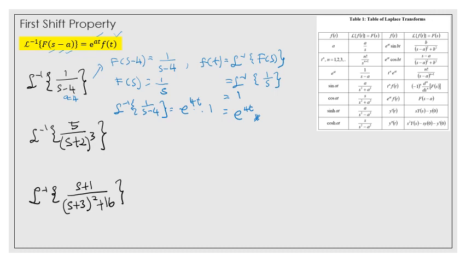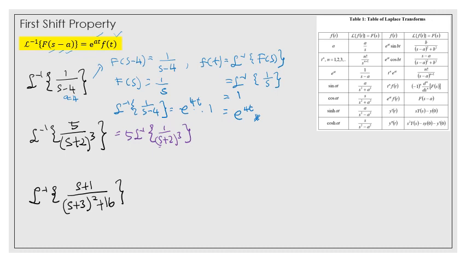For the second example, maybe we can bring out first the inverse Laplace of 1 over s plus 2 power 3. Then we try to extract the information first. This is considered as the first shift property because every single s is attached to a constant.